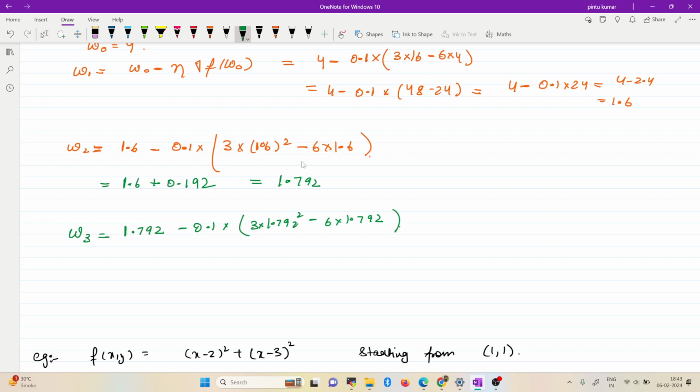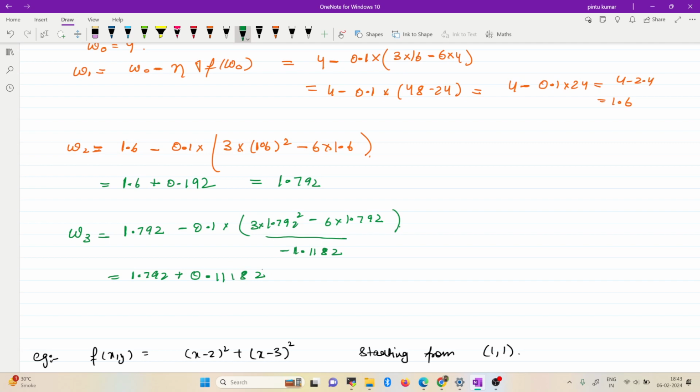I think I'm getting the gradient as minus 1.1182. I might be wrong also. So this is 1.792 plus 0.11182.